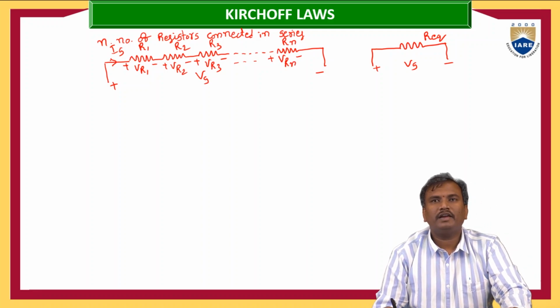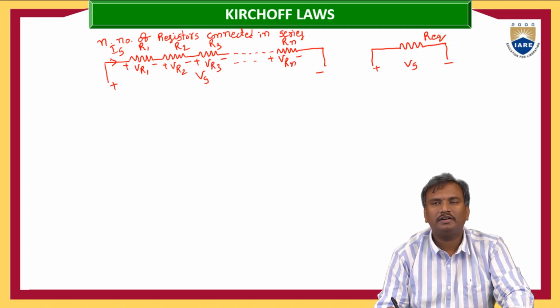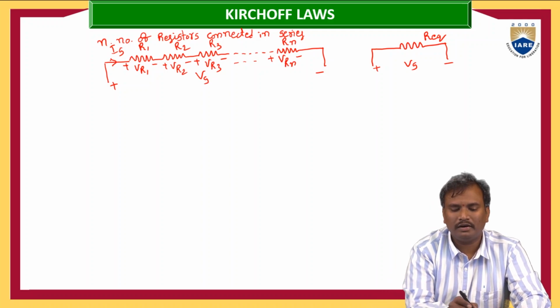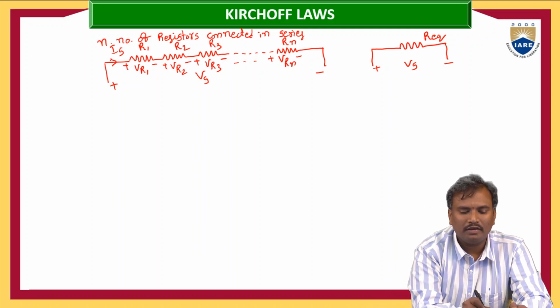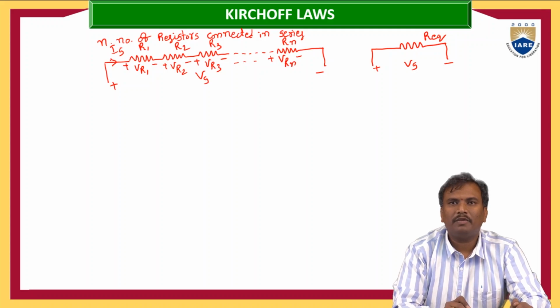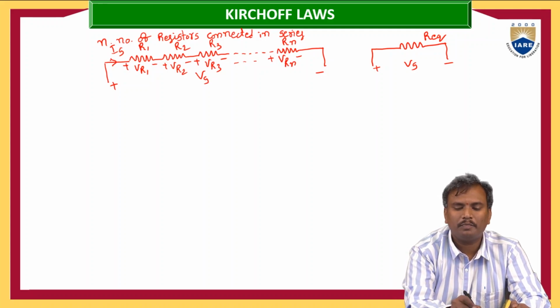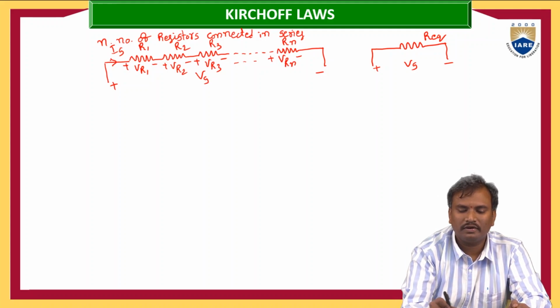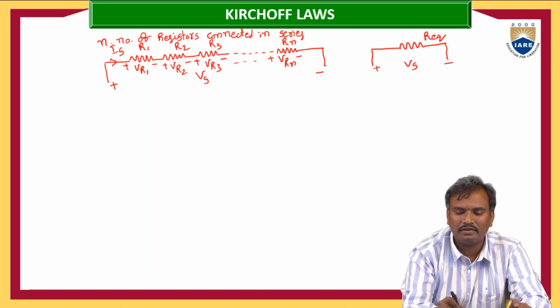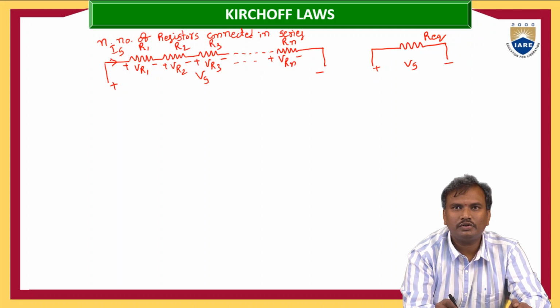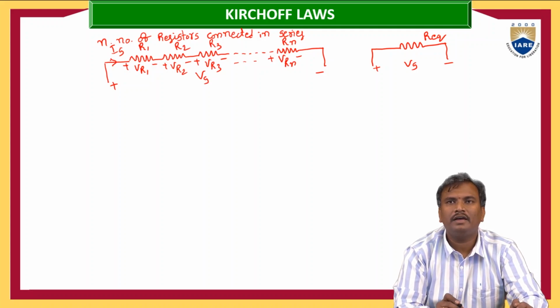So from Kirchhoff's law statement, Kirchhoff's voltage law statement, that is, the algebraic sum of voltages in a closed path is equal to 0. So in this closed path, Vs is the source and VR1, VR2, VR3, and so on, VRN are the voltage drops across the resistors.